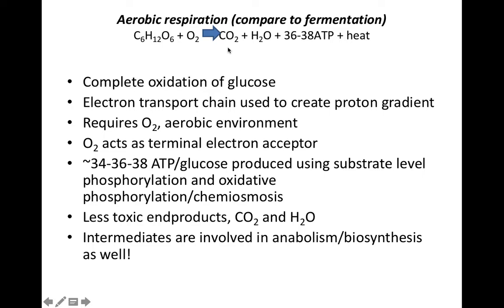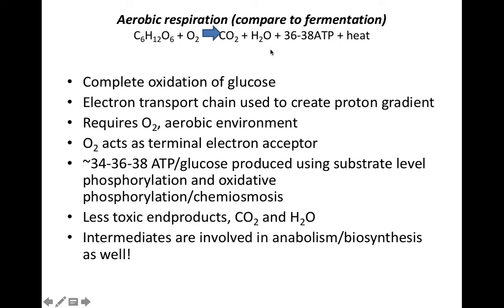At the end of the electron transport chain, when all these high energy electrons have given up their energy so that the ETC can pump protons across the membrane, those tired out electrons, remember, can't just be thrown into the cytoplasm. They cause a lot of damage. So in aerobic respiration, our final electron acceptor will be molecular oxygen, which is going to be reduced to water.